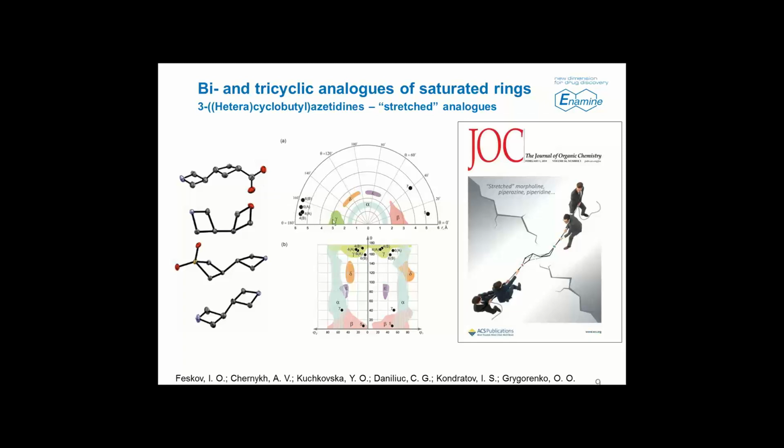This is seen from this plot, where the corresponding data points are located quite distantly from the common areas for saturated six-membered rings. And of course, they are somewhat more flexible due to the presence of this bond, so they provide a range of conformations, and therefore they can be used for substitution of the corresponding saturated six-membered rings in biologically active molecules.